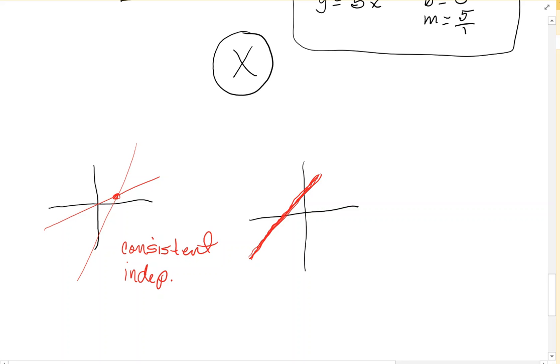Where do they intersect? At all their points. So there are infinite solutions. This one had just an x comma y. It is consistent because there is at least one solution, but these are dependent because they are the same line.